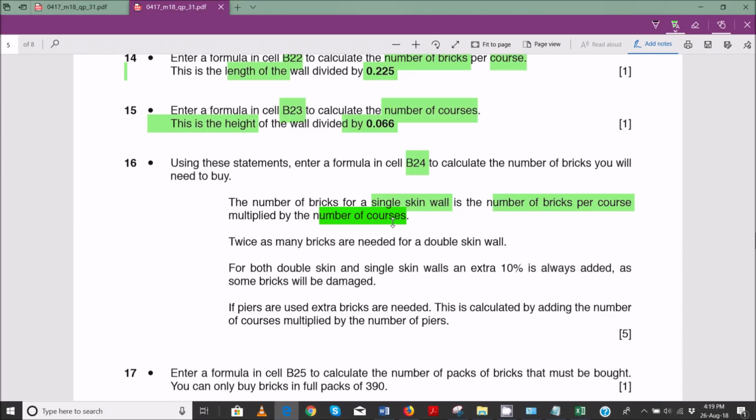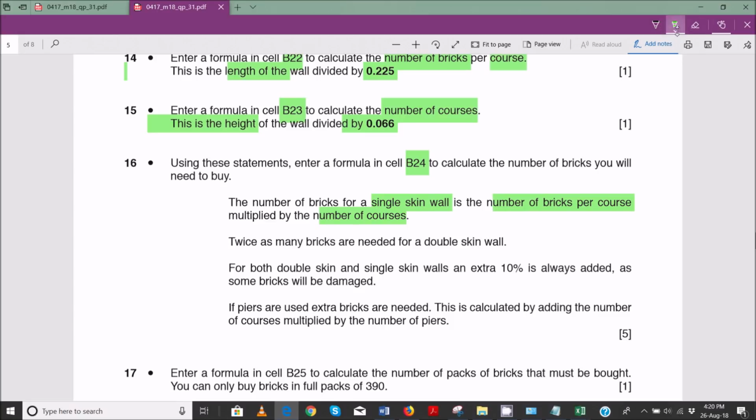This is common sense, guys. If per course I'm taking 50 bricks and I've got 5 courses, how many bricks am I using? For a single skin, you simply multiply the number of bricks in each course by how many courses you have.